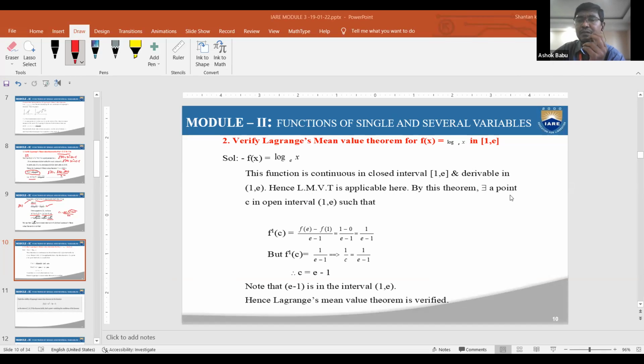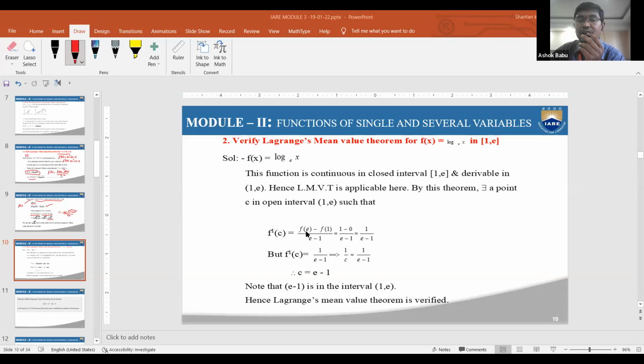Therefore, by this theorem, there exists a point c in the open interval (1, e) such that f dash of c is equal to f of b minus f of a by b minus a. Here a is equal to 1 and b is equal to e. So f dash of c is equal to f of e minus f of 1, over b minus a, which is e minus 1.